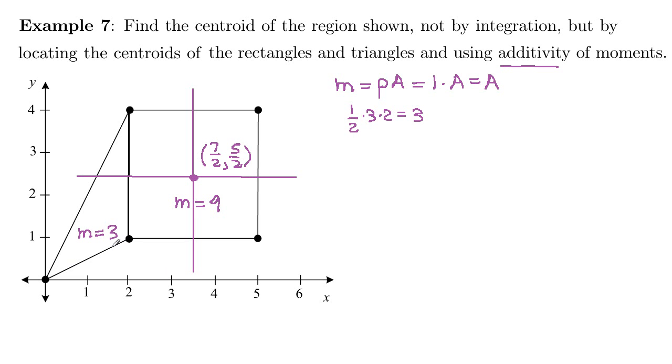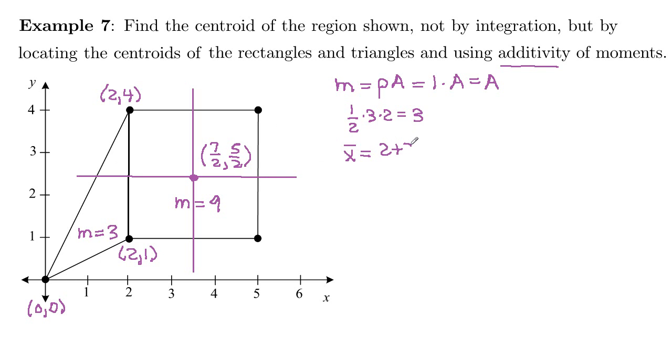And then for the triangle here, our x bar, we have got coordinates here of 0, 0, and then 2, 1, and then 2, 4. So our x bar, we average the x coordinates, 2, 2, and 0.